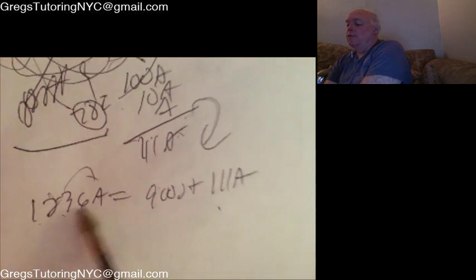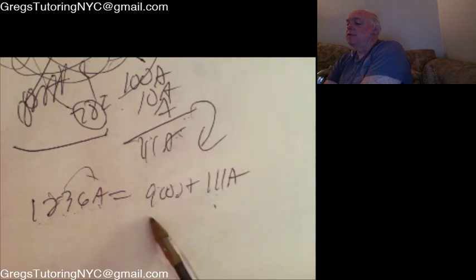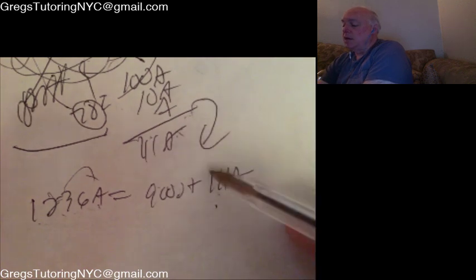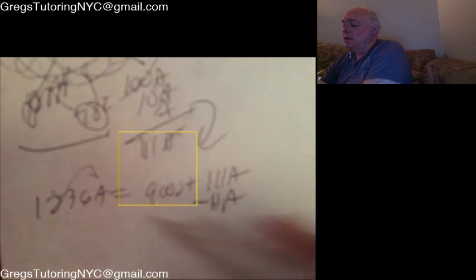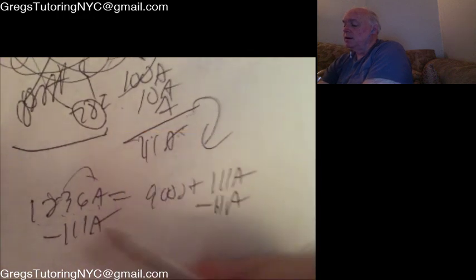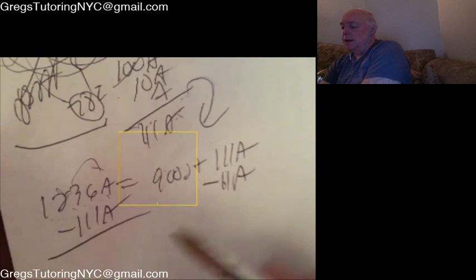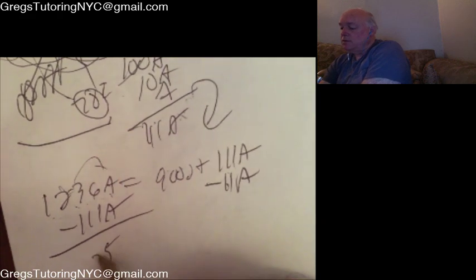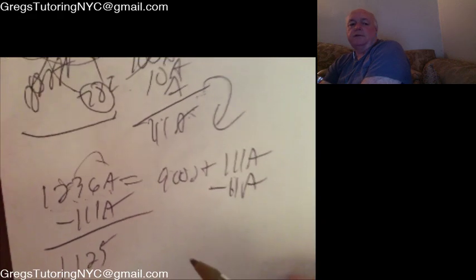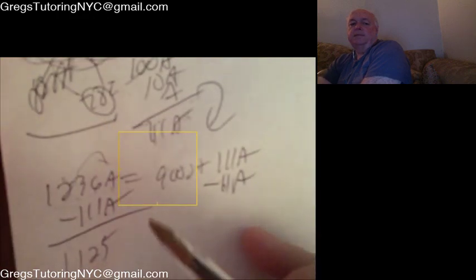We're going to solve for A, just like if we're solving for X. We take away 111 A's here and take away 111 A's there. If we do that, we're going to get 1,125 on that side.